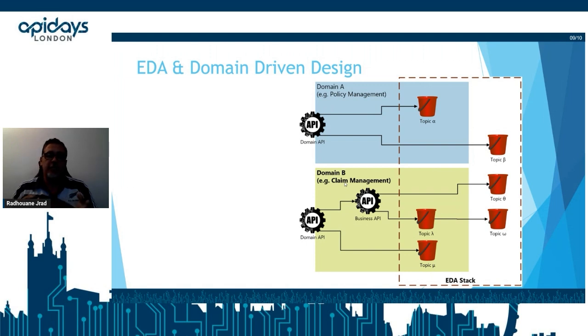If you already have an EDA that is not domain bound, which is likely, it's okay. The APIs will make them behave and will separate them logically into different domains. You might have a topic that is specific to a domain, like Lambda here, or a topic outside of any domain that anybody can reach out to, like the beta there.